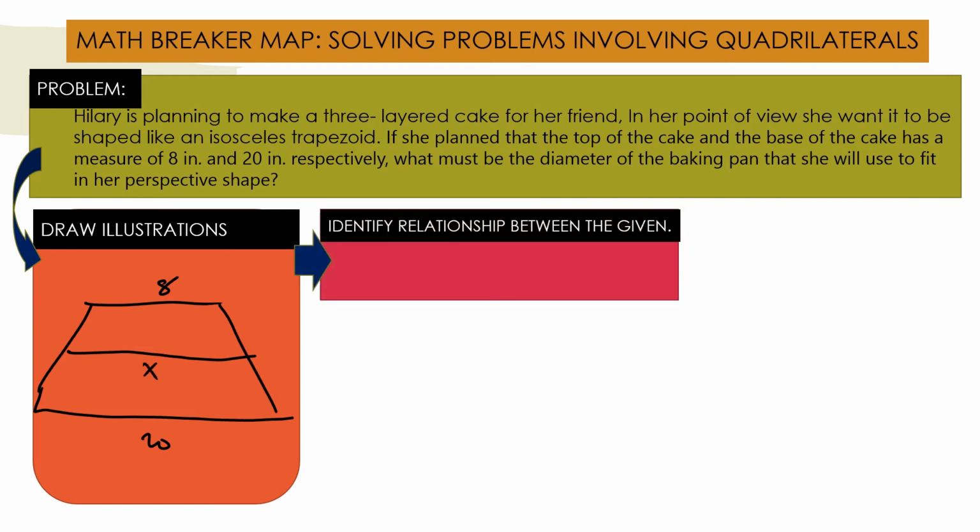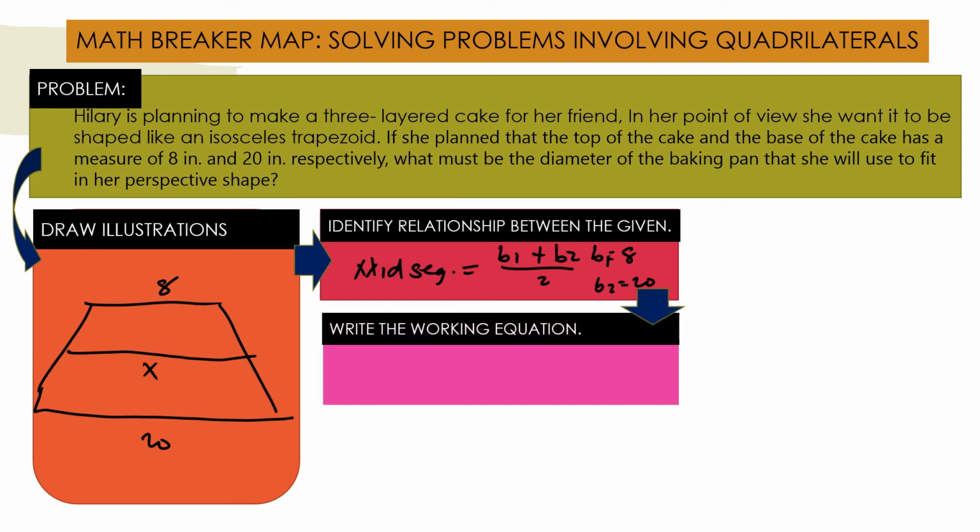Okay, so now the relationship between the two involves a mid-segment. So mid-segment is equal to base 1 plus base 2 all over 2. And base 1 is equal to 8, base 2 is equal to 20, and the mid-segment is the one that is unknown.